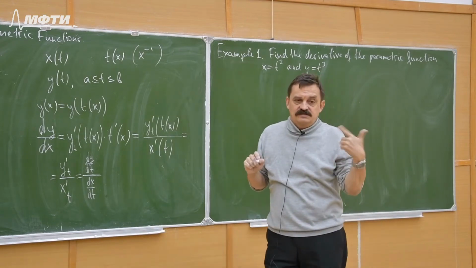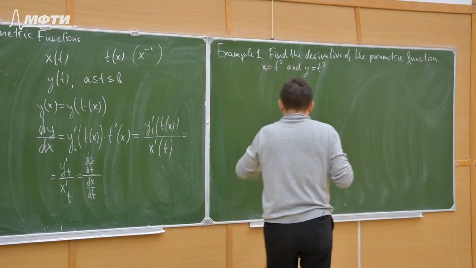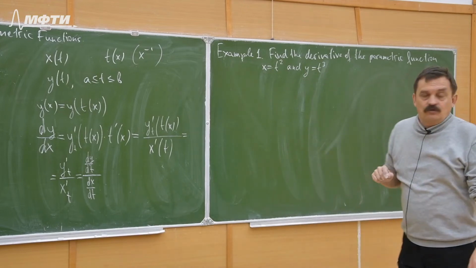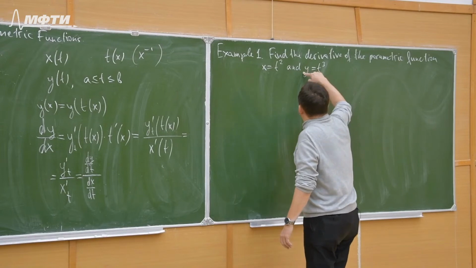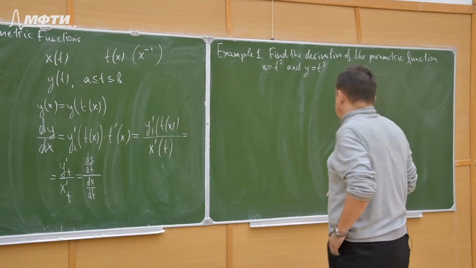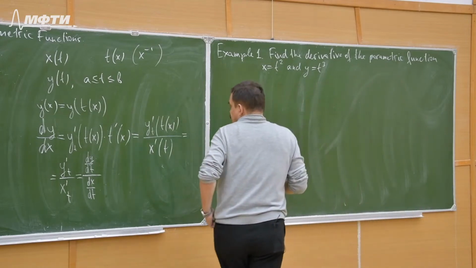So it means for an arbitrary positive value of x, we put into correspondence two values of y, plus and minus. That's it. So, nevertheless, we can proceed formally.